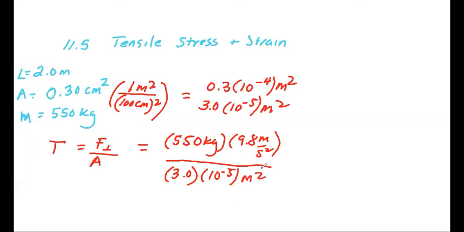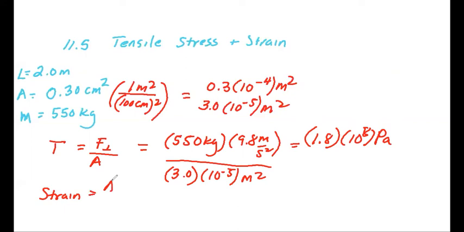And so our tensile stress is going to be 1.8 times 10 to the 8th pascals. All right, and then strain is going to be equal to the stress over the Young's modulus.